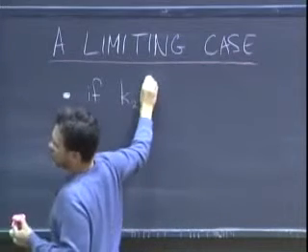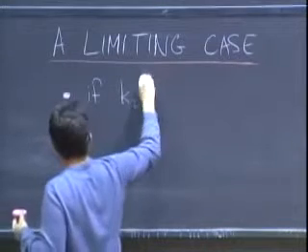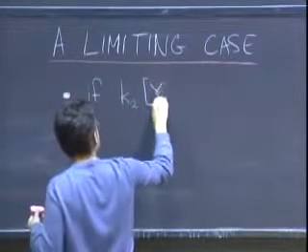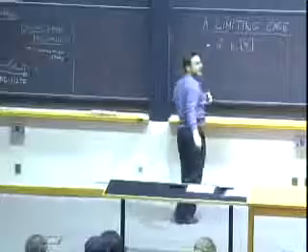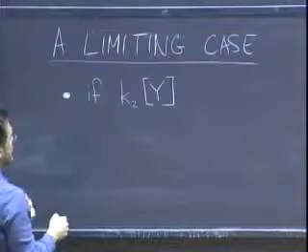Now, when I use square brackets here, I'm going to be talking about concentration, just like we did when we were talking about acids and bases and so forth. So square brackets denote concentrations.